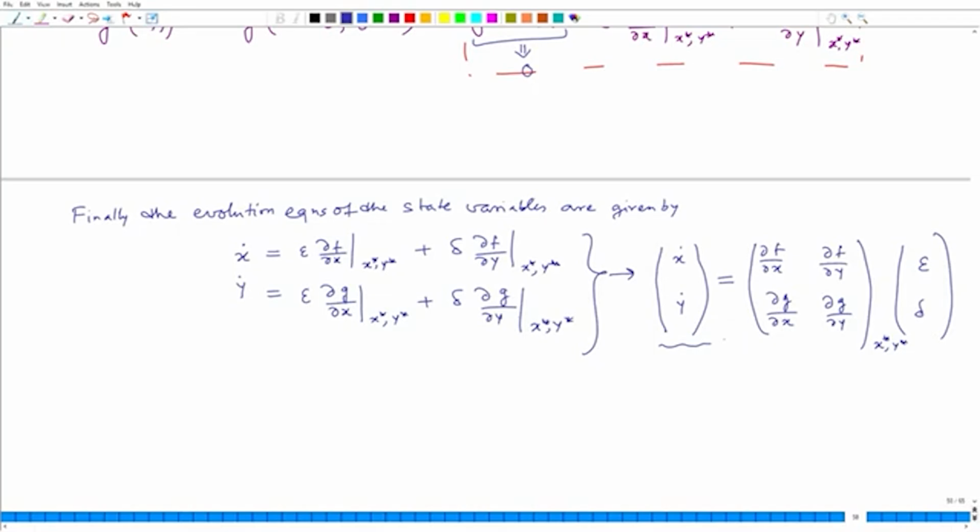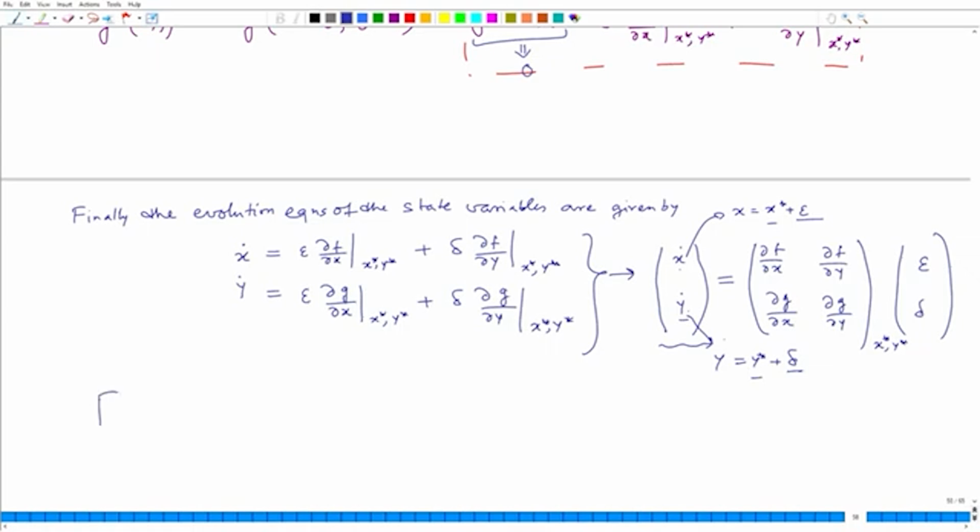So, you can see now there is a small observation by which you can easily find a very useful thing. x is x star plus epsilon and y is y star plus delta. So, x dot is nothing but epsilon dot and y dot is nothing but delta dot, because x star and y star are simply constant values.